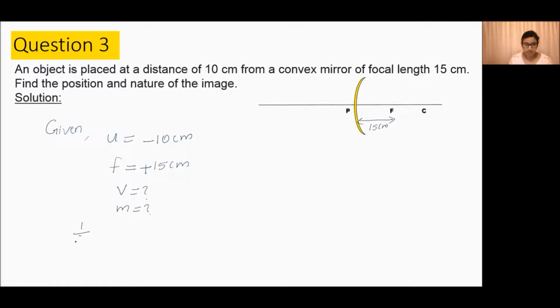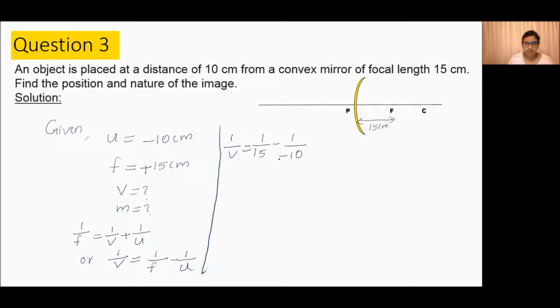That is 1 by F is equal to 1 by V plus 1 by U, or 1 by V, which is equal to 1 by F minus 1 by U. Therefore, 1 by V is equal to 1 by 15 minus of 1 by minus 10, which gives 1 by 15 plus 1 by 10.